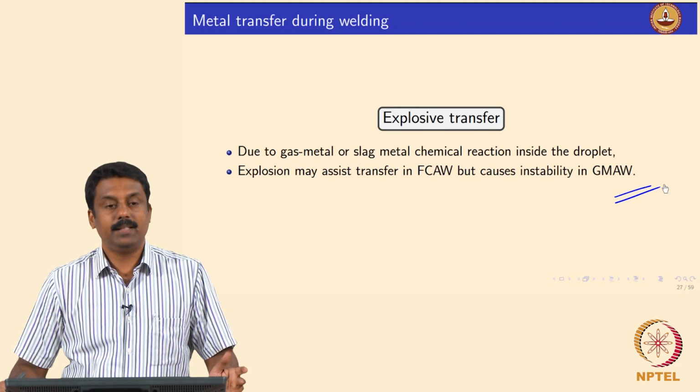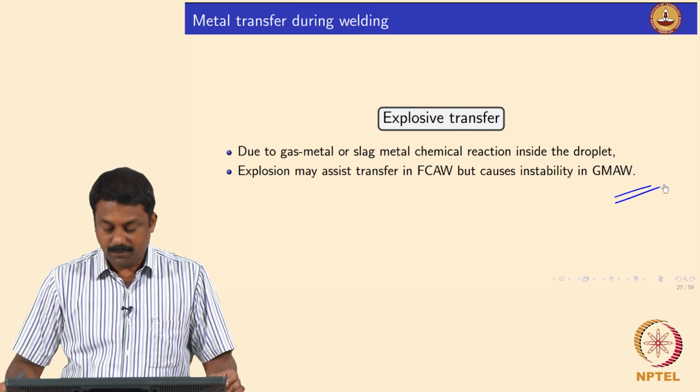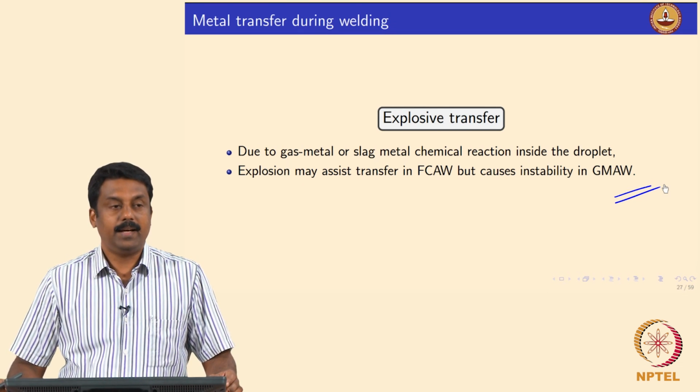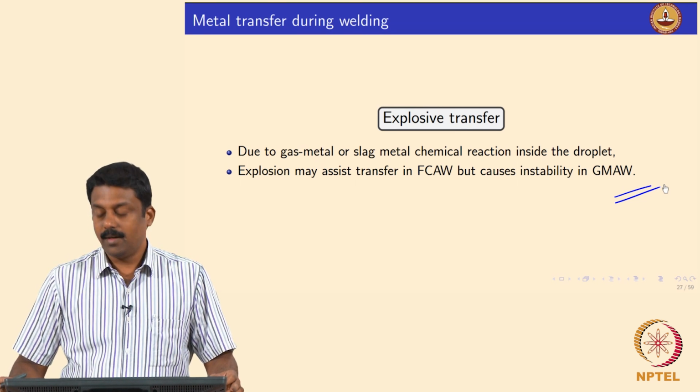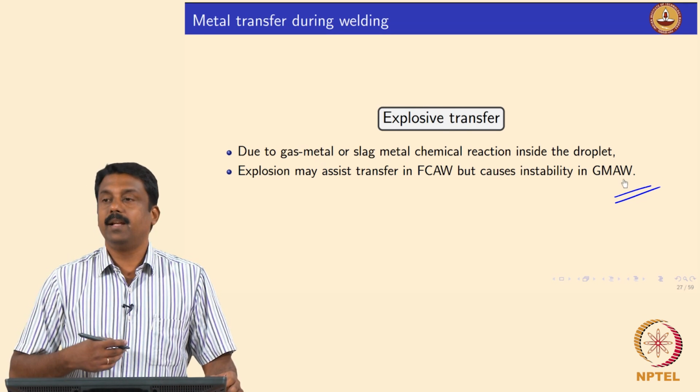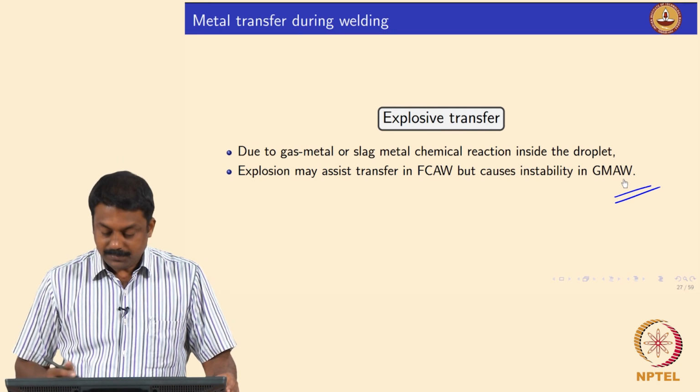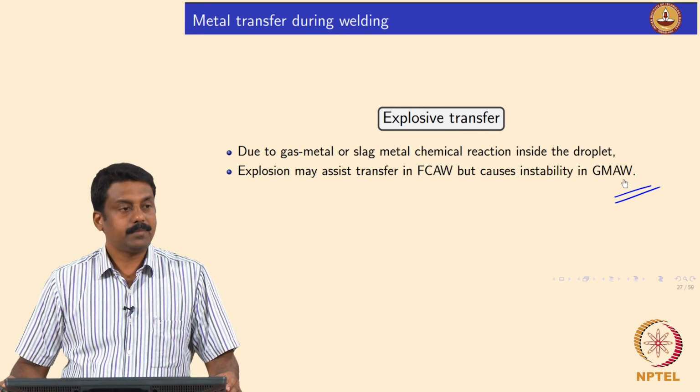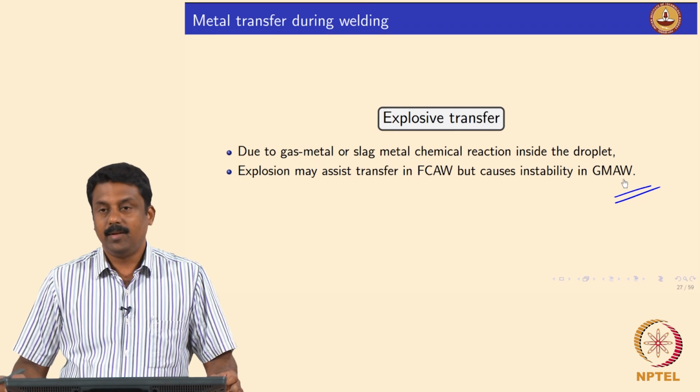So you increase the plasma jet pressure and the Lorentz force, and you may expect an explosion of the droplet. It is an extremely unwanted mode of transfer, because you can never weld by explosive transfer.